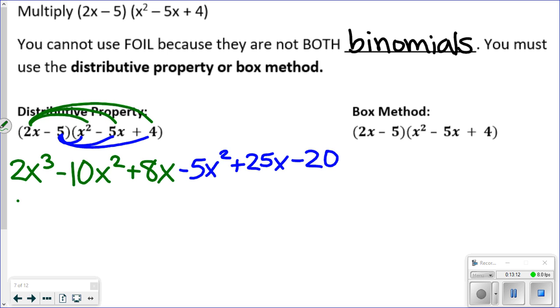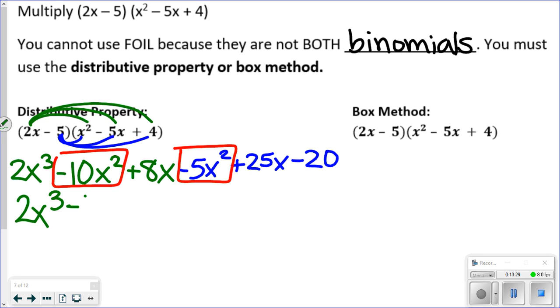So my 2x cubed, I'm going to leave that by itself because I can't combine it with anything. And then if I'm looking, I have negative 10x squared, negative 5x squared. So add those together and we get negative 15x squared.